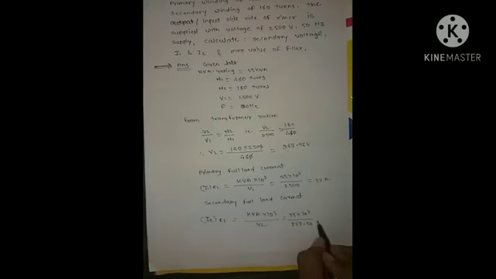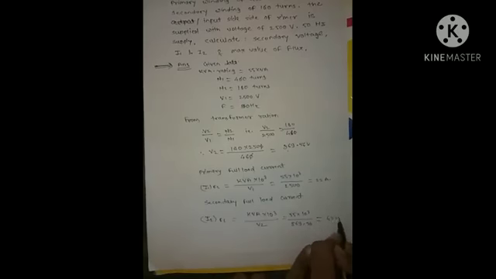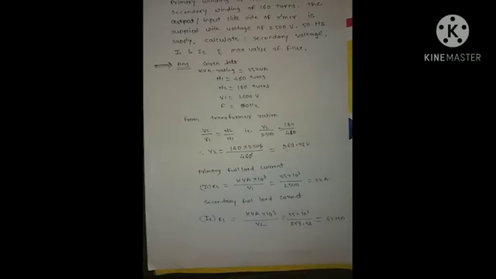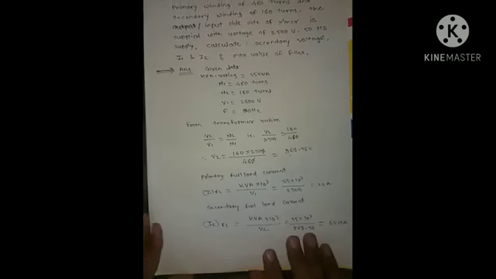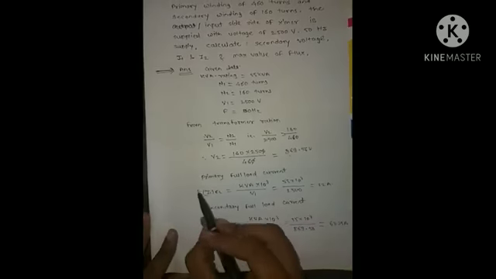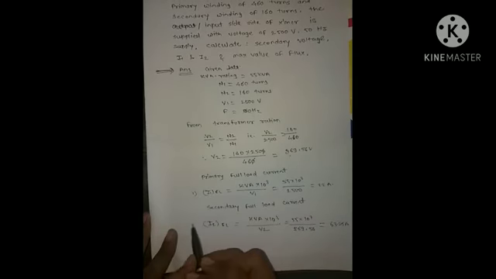By solving this equation we will get 63.25 ampere. Okay, this is the I2 full load current. So we calculated first I1 full load current, after that I2 full load current.